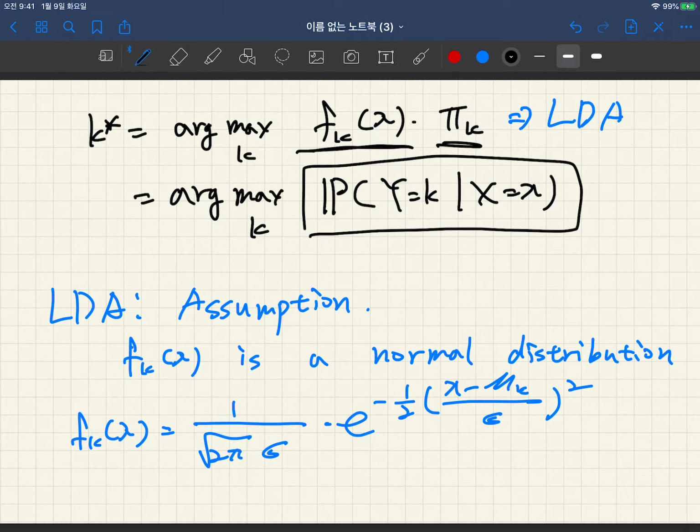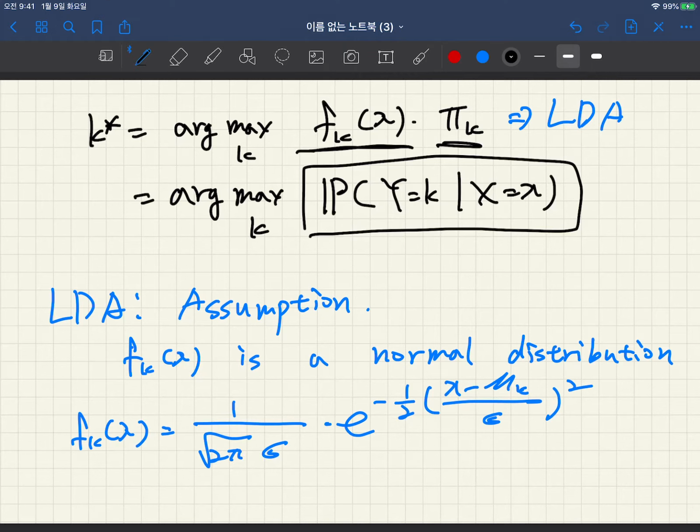Okay. Then once we obtain σ, μ_k for every class k and π_k, we can conduct classification, right? Because we can compute the density function and we can compute the prior distribution.